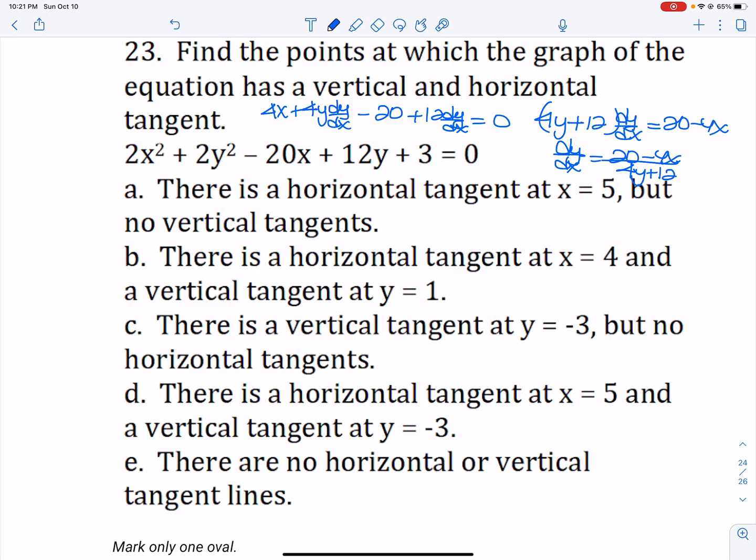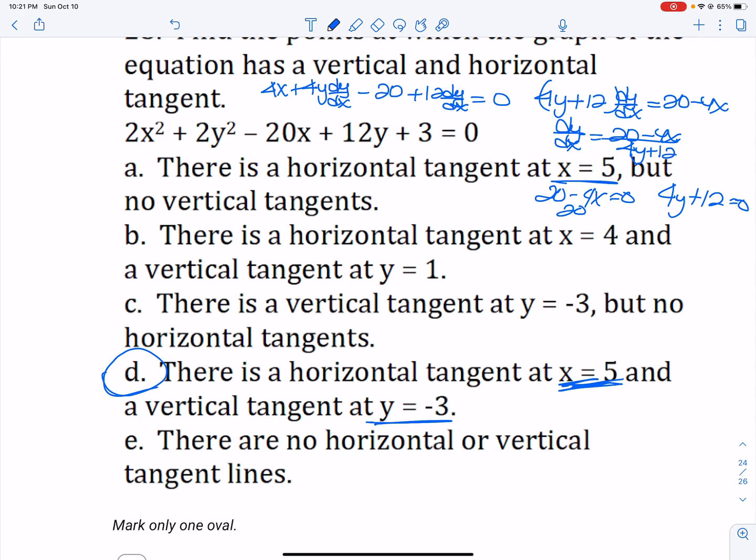Okay, so 20 minus 4x is equal to 0. So then that's x equals 5. Okay, so it's one of these. And then 4y plus 12 is equal to 0. So then that's this right there. Okay, and that's it for this section.